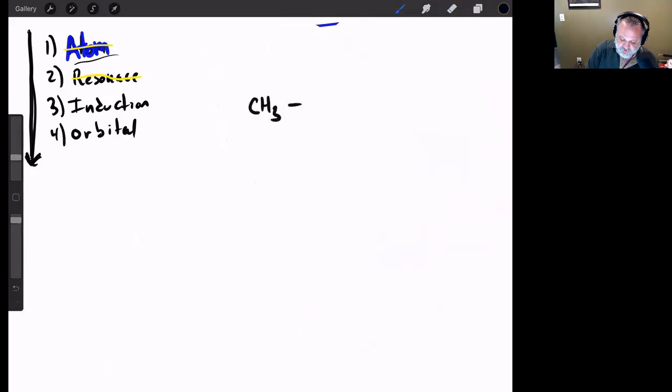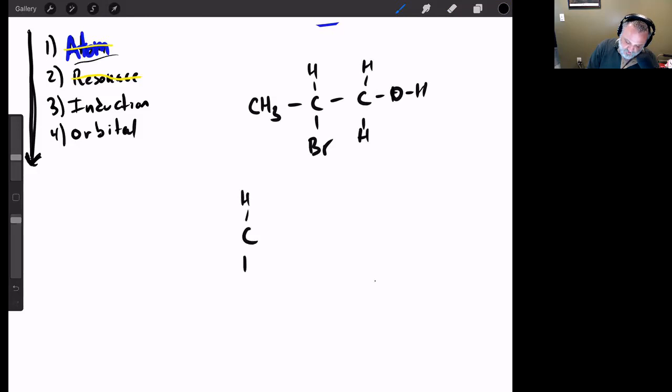If I have CH3, CH, Br, C, OH, and I want to compare it to CH2 with the Br at the end, the same number of carbons, all of the same other atoms.